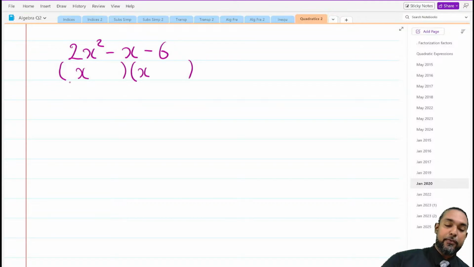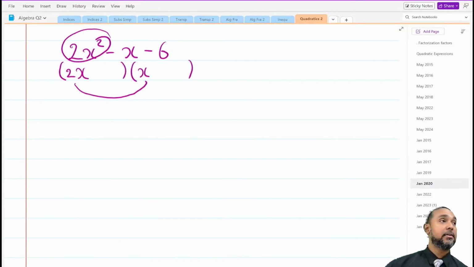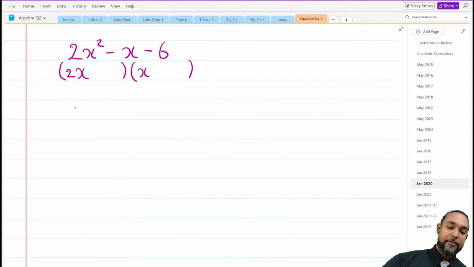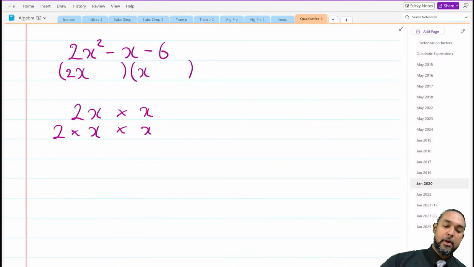Long story short, if we're looking for 2 numbers to multiply to give us 2, we only have 2 options: 2 and 1. But of course, we do have to write a 1 here because 1 is understood. So if you multiply 2x by x, do we get 2x squared? Wasn't that your question? If you multiply 2x by x, what power are these x's understood to have?